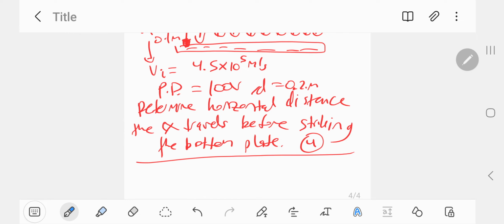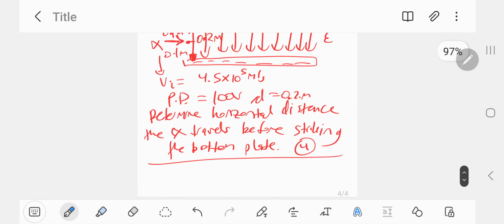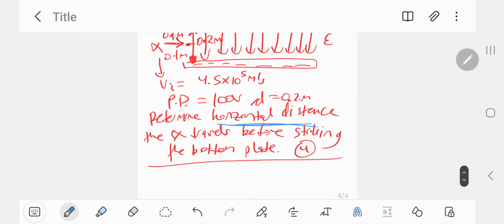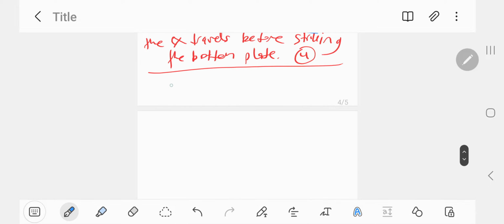Okay, one step at a time. So we need to work out the horizontal distance. Now, whenever you hear horizontal distance for a moving object, think of this formula. Think of the range. Think back to projectile motion, horizontal displacement.